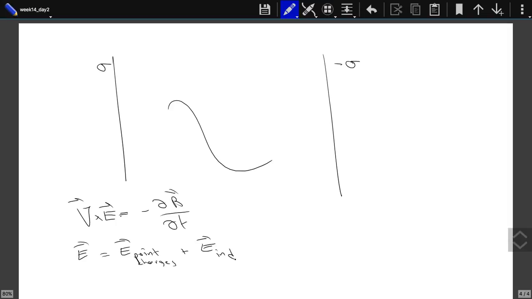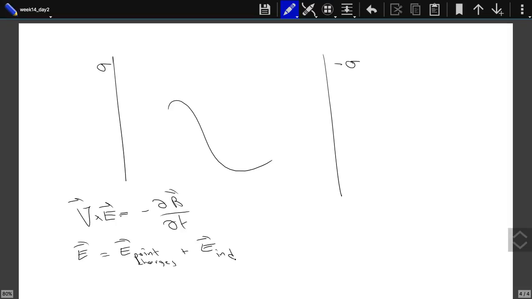Now, in general, we can separate the electric field into two parts: the electric field created by the point charges and the electric field that is induced. Even this separation gets kind of fuzzy when we study moving charges.